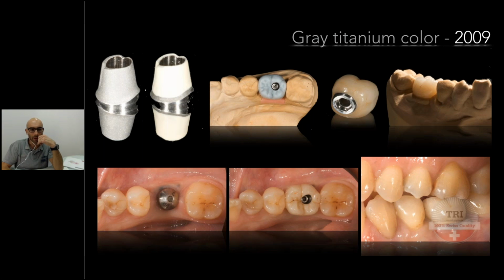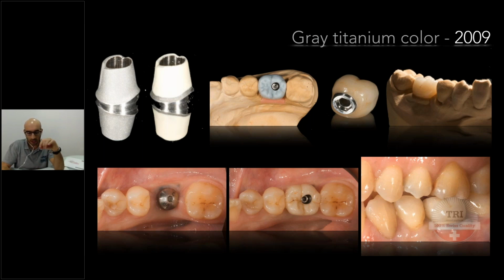So we glued this monolithic lithium disilicate crown on this abutment, and to solve the problem of this gray color, we applied ceramic opaque on the titanium base, and then bonded the crown over it. We used this solution for a long time and it works, but at the same time it's a little bit longer, not an easy process, because we have to do this step.